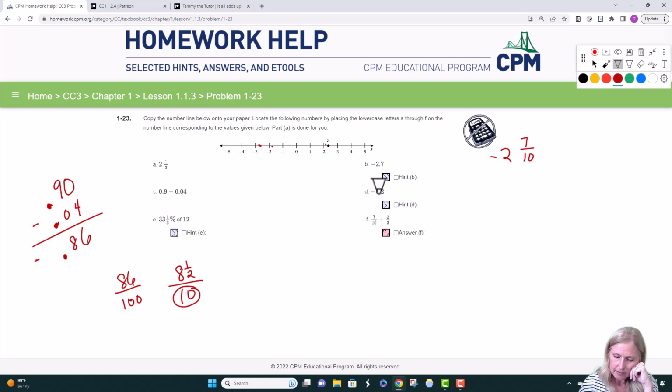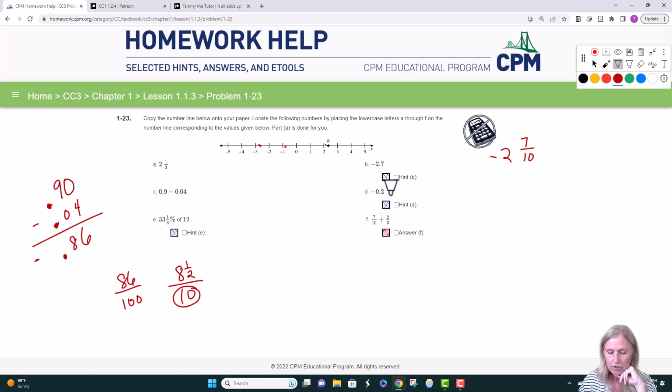D, negative 2/10. Oh, sorry about that. You're probably thinking I'm going crazy here. It's between the 0 and the 1 and the 8.5, about right here. Okay, there we go.